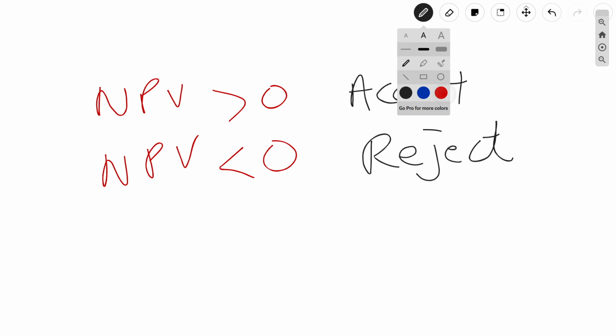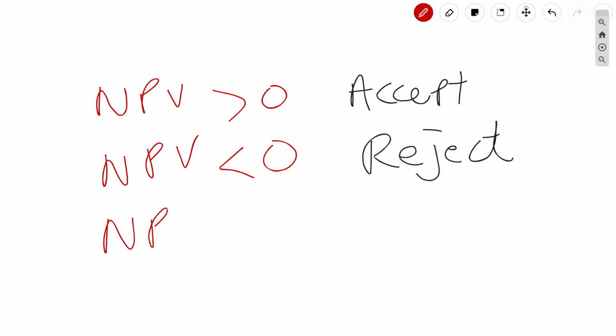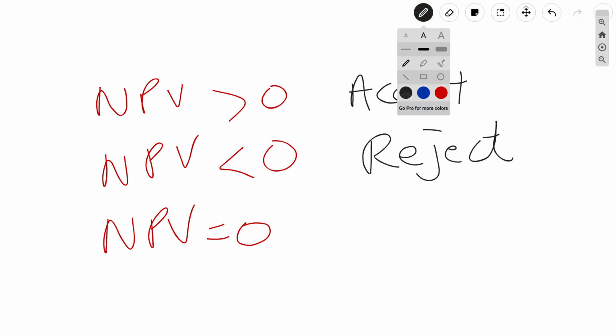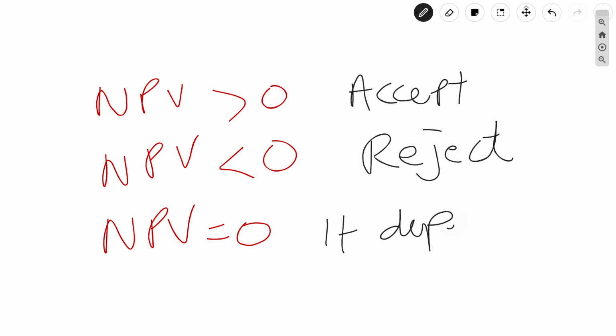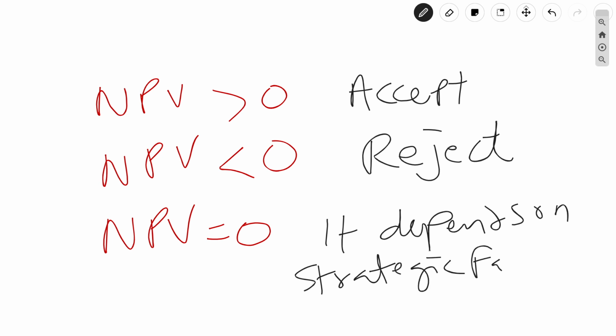And last but not least, if NPV is equal to 0, it depends on strategic factors. Because you're neither losing or gaining, so your decision to work the project is dependent on other things.